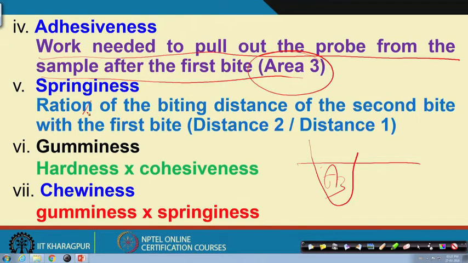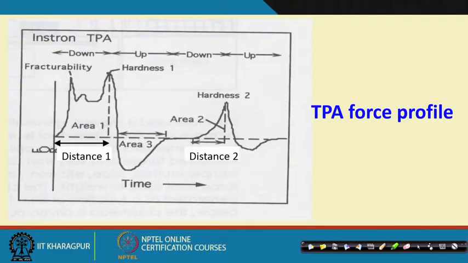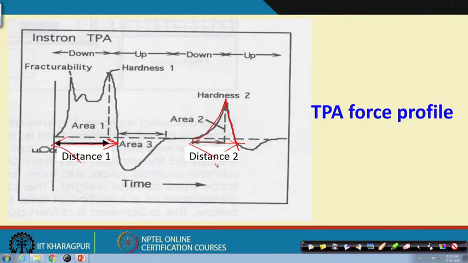Going back to the figure, this is the first bite, distance 1, and this is the second bite, because it started from here, distance 2.